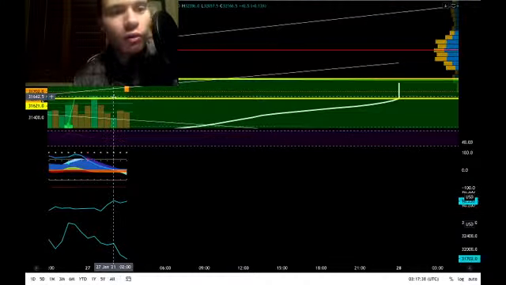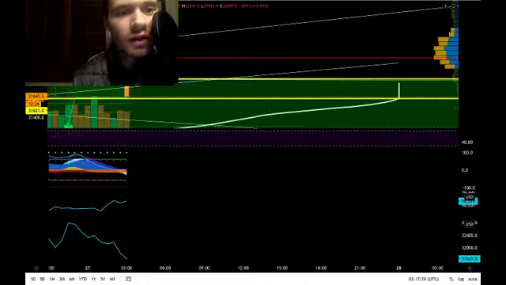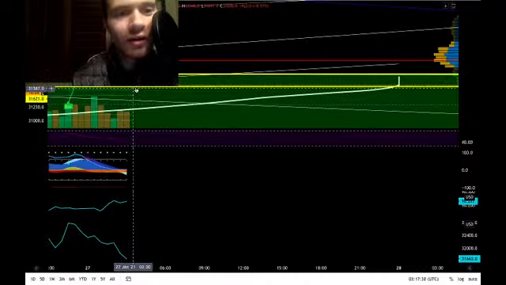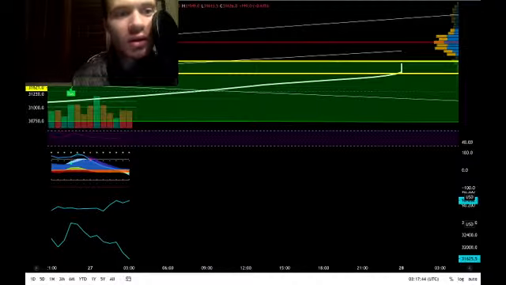I mean, it's all relative, but this is pretty decent right there. So definitely the idea of a continuation, and we'll see. Yeah, I think it will continue down, but we'll see if we find that as support.